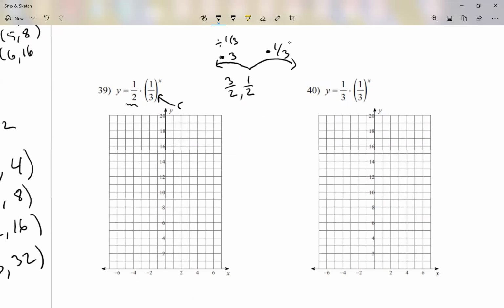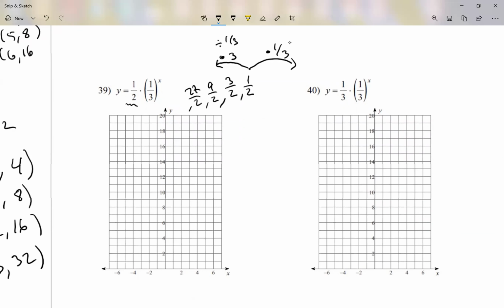And still not that nice, but 3/2, which is like 1.5. And then 3/2 times 3, or 1.5 times 3, gives me 9/2, which is like about 4.5. And still not that nice. And then 9/2 times 3 is 27/2.